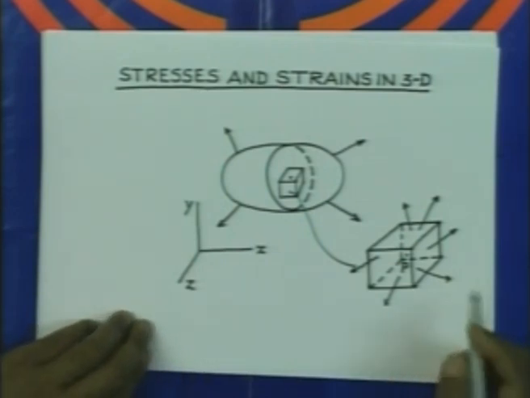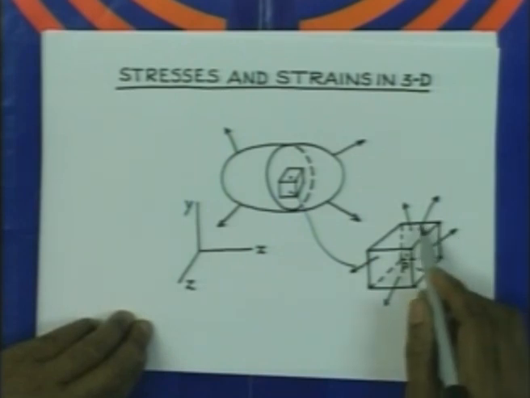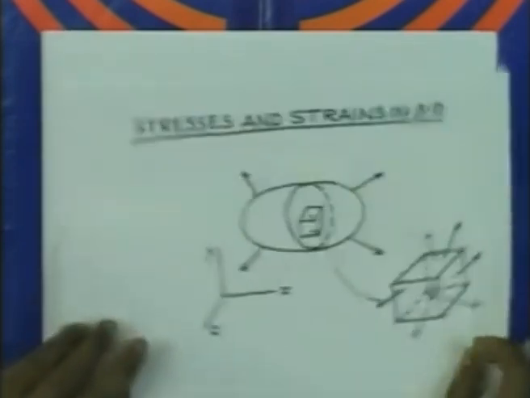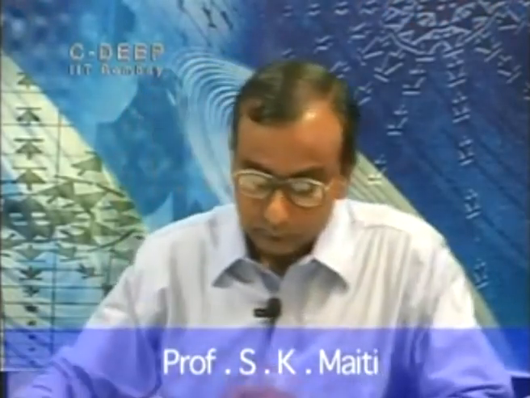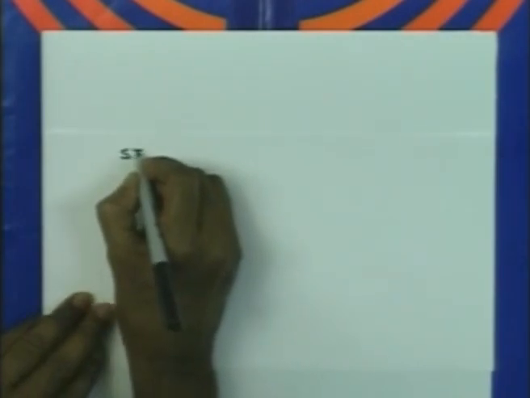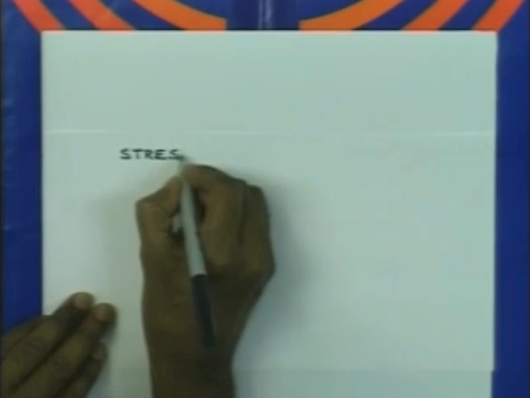So, we are going to see how the stresses can be obtained from these forces acting on the 6 faces of this cube. So, we will focus on looking into the stress first.